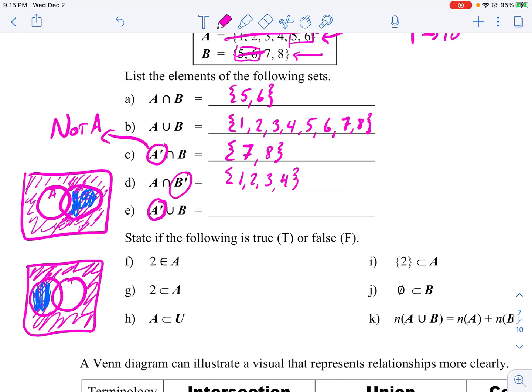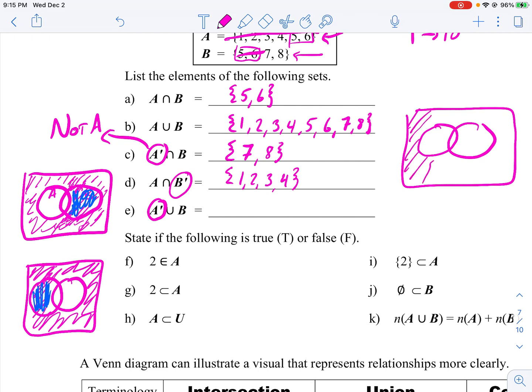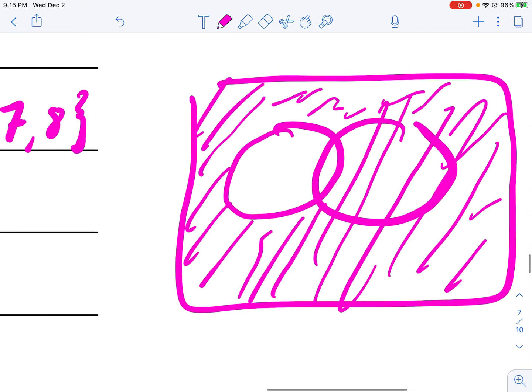And then not A or B, well, it can't be A. So that would include this portion, because that's the not A portion, or B. So in this case, remember how B is this right here.